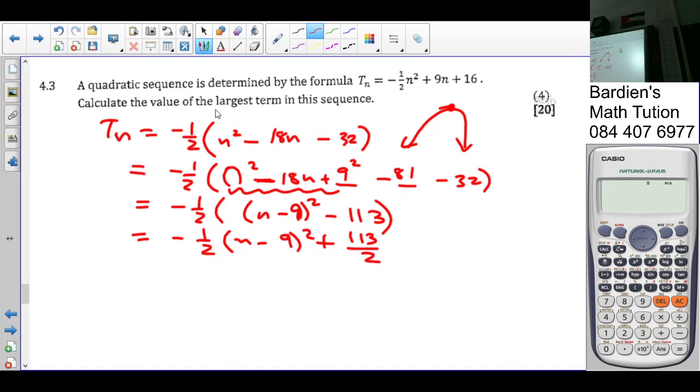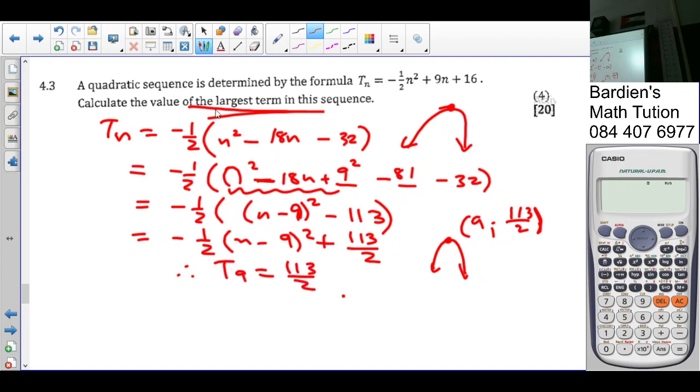So in other words, this will have a maximum value of 113 over 2, and it occurs at an n value of 9. So we could calculate the value of the largest term. Therefore, T9 is the largest value of 113 over 2.